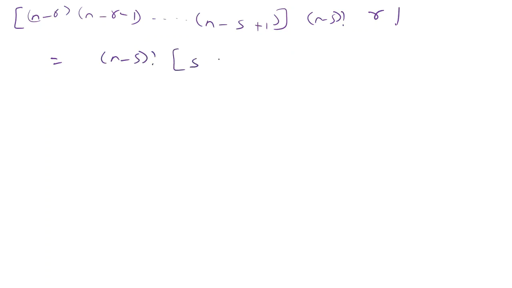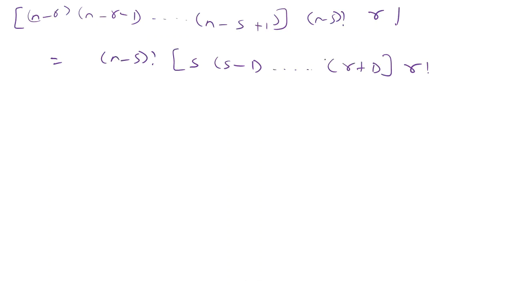I can expand and write it as s times s minus 1 and so on, up to r plus 1, times r factorial. So we can expand up to this one. When we start expanding s factorial, we will hit r. When we start expanding n minus r factorial, we will hit n minus s. So we have this result.